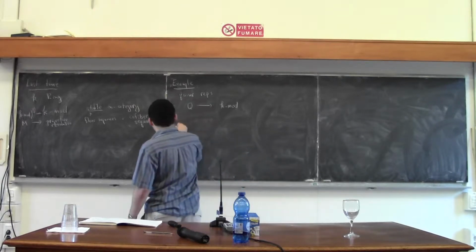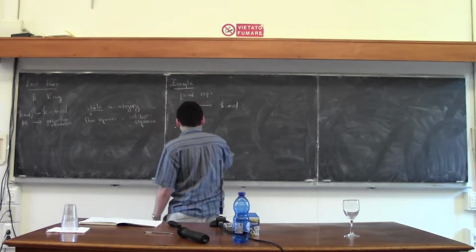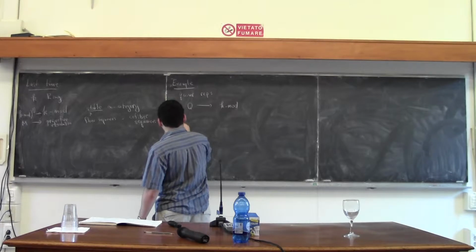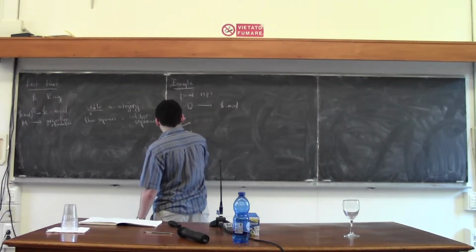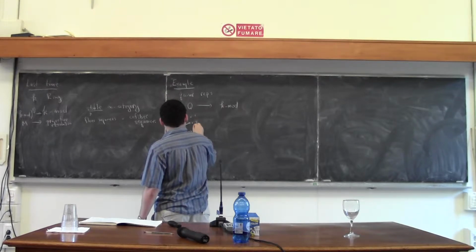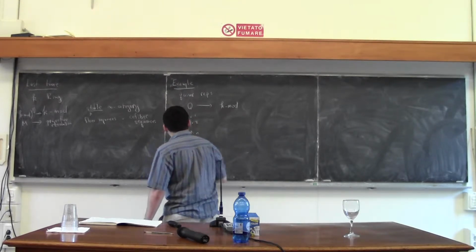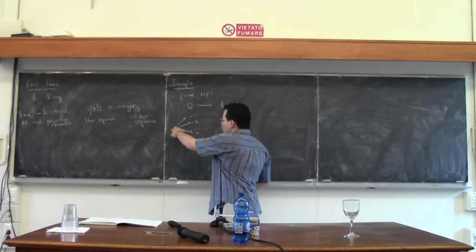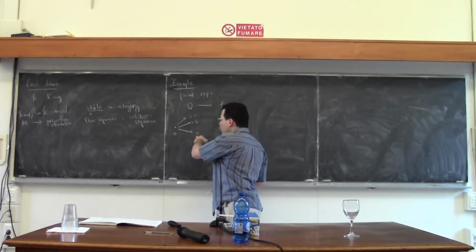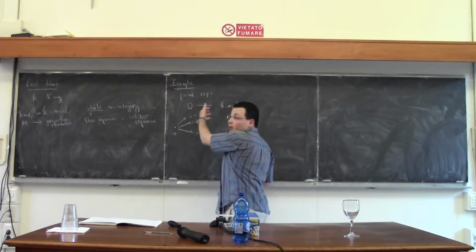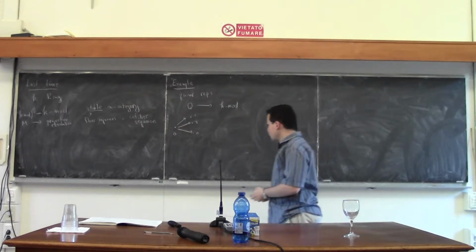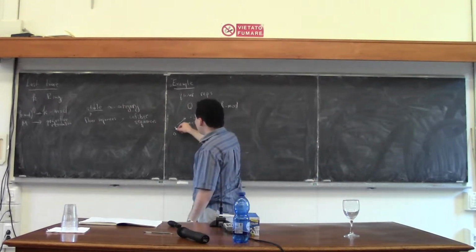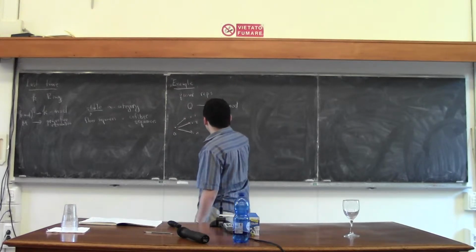I want to consider a pretty simple example. Let's call it 0, 1, 2 to n. I think this is called the source quiver. There are n plus one nodes, and one of them maps to the rest. So what is a representation of such a thing?